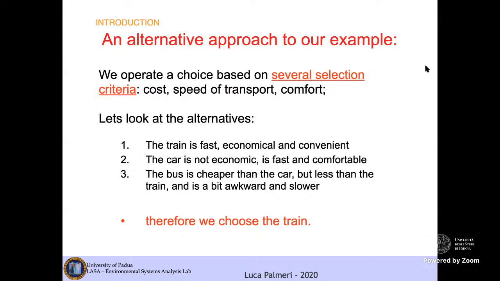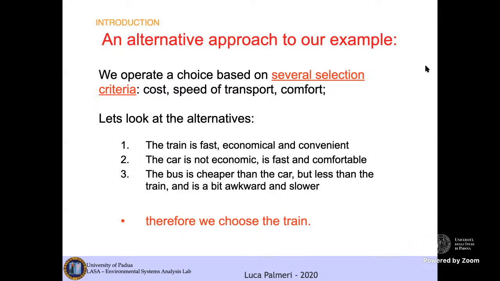Let's look at the different alternatives. The train is fast, economical, and convenient. The car is not economical, but is very fast and comfortable. The bus is cheaper than the car, but less than the train, and is a bit awkward and slower. This is why we choose the train.